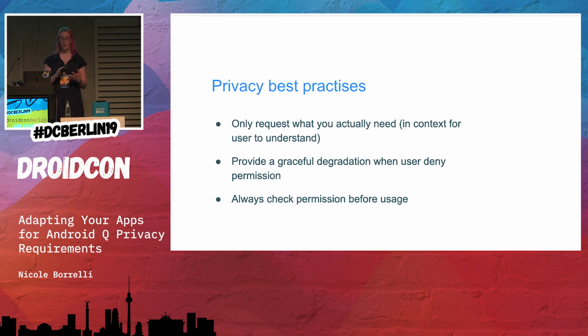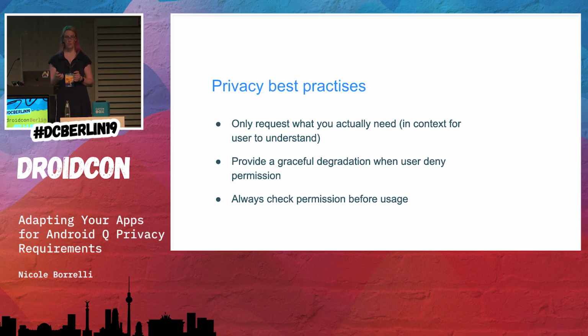You should provide graceful degradation for your users when they don't want to grant that permission. And especially in Marshmallow and up, and we expect on Q, always check what permission you have been granted before you access it to avoid security exceptions.